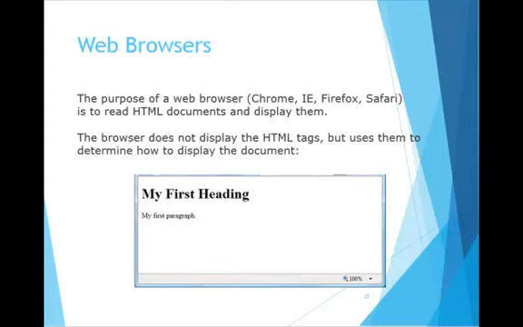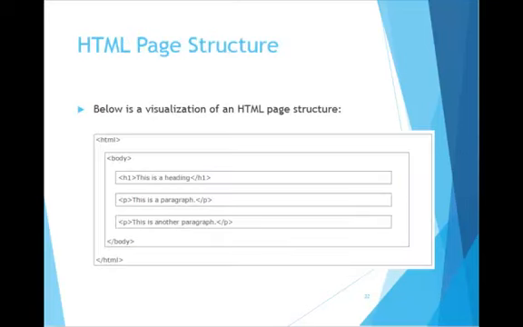The browser doesn't display the HTML tags, but uses them to determine how to display the document. We call HTML pages box type structures because of the HTML page structure. As you can see, it's nested boxes within each other, and we always have the paired tags enclosing the different tags that we have as elements in the page.